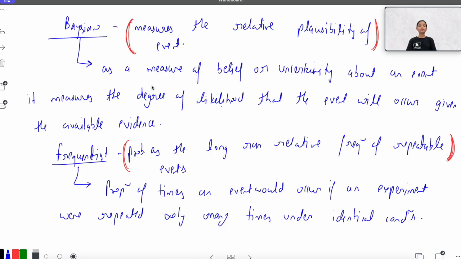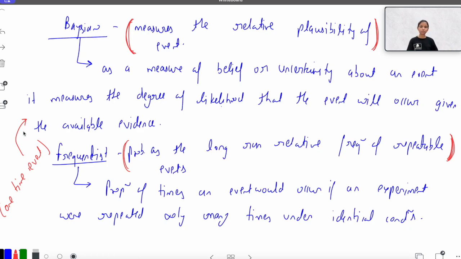So whenever we are having a one-time event, the frequentist approach definitely says that you need to repeat the experiment so many times to make the conclusion regarding it. So whenever you are having a one-time event, it would be better to go with the Bayesian point of view. Bayesian is more flexible here, like for events such as whether there will be rain tomorrow or not. It is a one-time event, right? Similarly, whether a team would win a match or not.